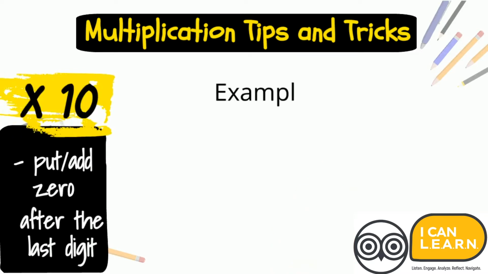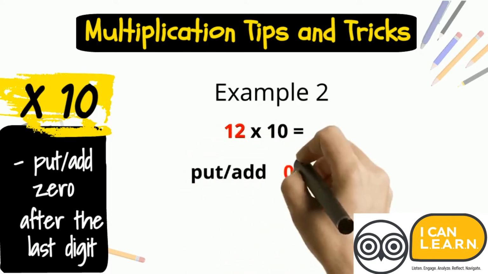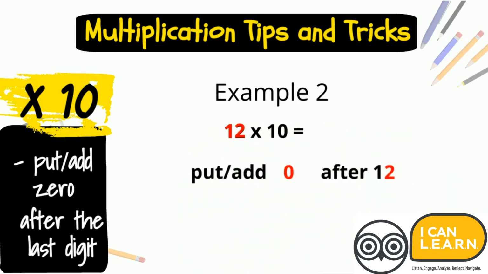Now, let's take a look at another example, 12 times 10. In this case, 12 has two digits, 1 and 2. What you're going to do is just add 0 after 2. So, 12 times 10 equals 120.